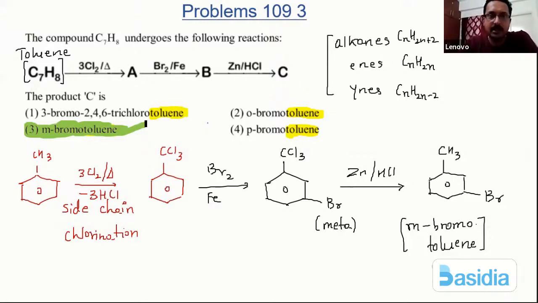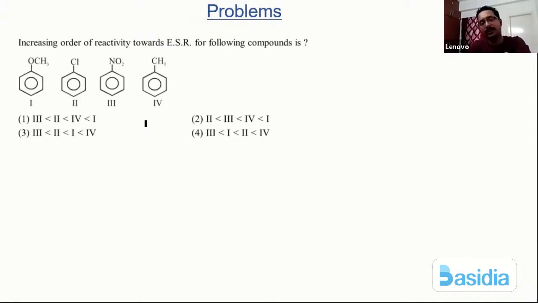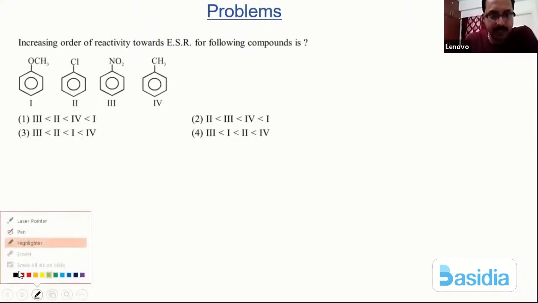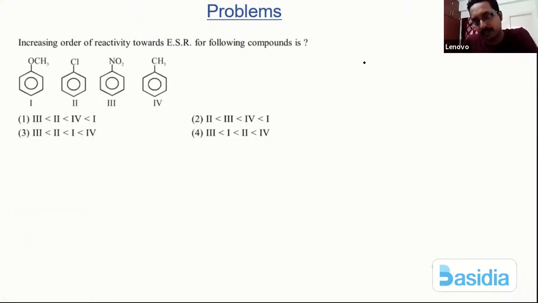Right. Let's go to this one. Order of reactivity towards electrophilic substitution reaction. We have already understood a few things, right? In electrophilic substitution reactions, who is going to increase the reactivity? Who is going to decrease the reactivity? We have already understood. It's an electrophilic substitution reaction, correct?